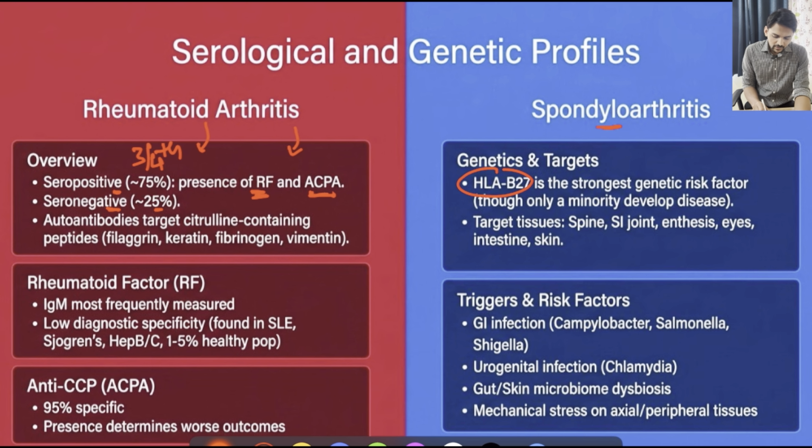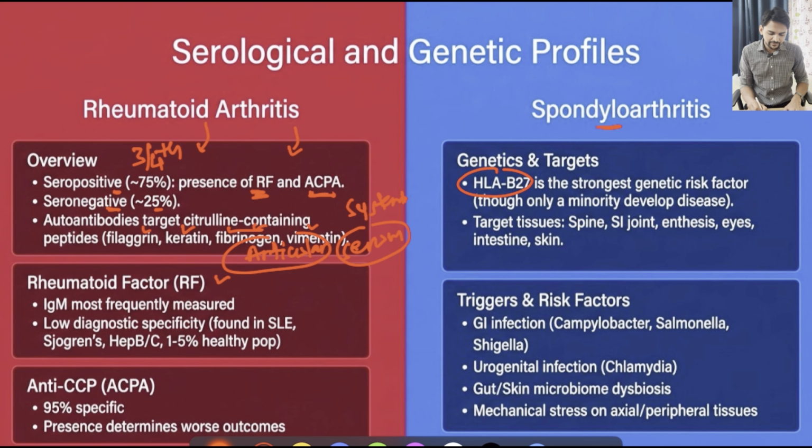And these autoantibodies will target citrulline containing peptides, mainly filaggrin, keratin, fibrinogen and vimentin. These peptides are mainly concentrated in articular tissues and they are also present in minimal quantity in the serum. That's why we will see articular manifestations as the common presentation, and because of their presence in the serum, it might affect any system. That's why it is a systemic disease, we can say.